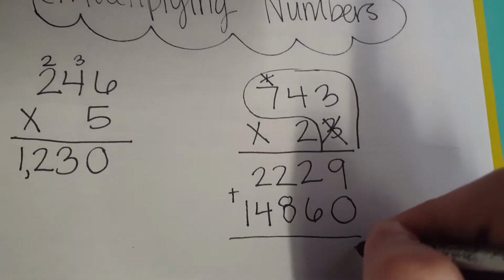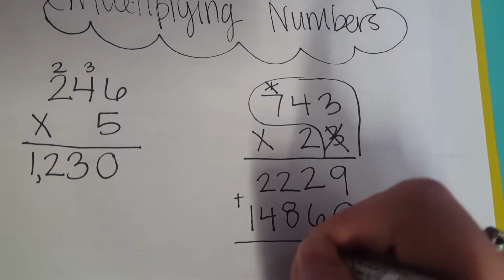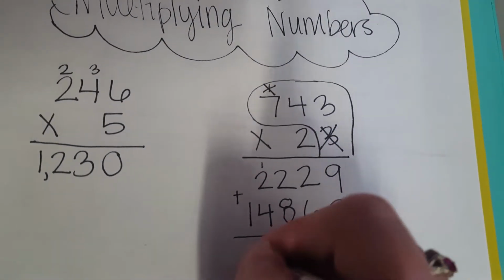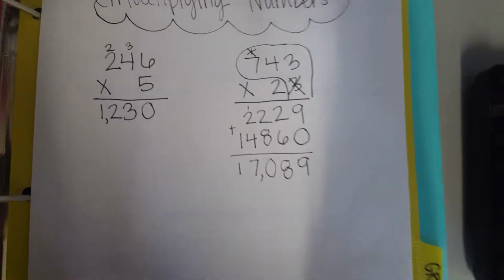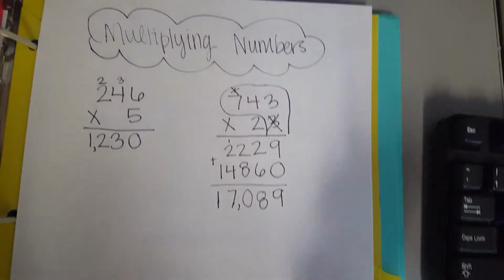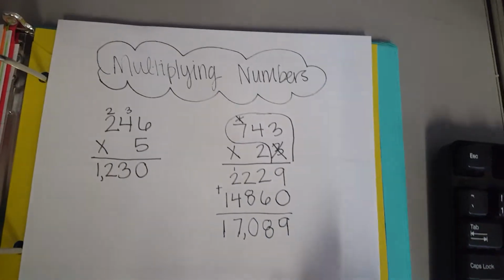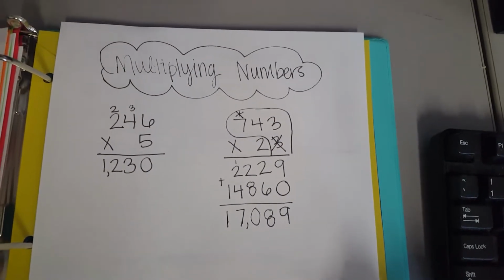Okay, so then I can just add these numbers. Alright, and you can see that I have kept everything spaced out very well. I want to keep everything in line so when I get to this adding part, I don't make any mistakes, especially when I have to carry.